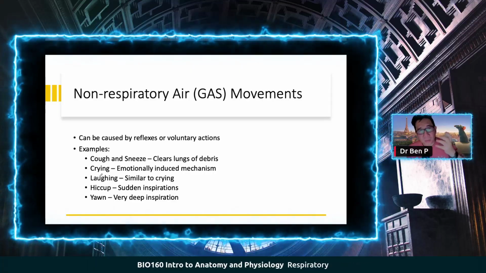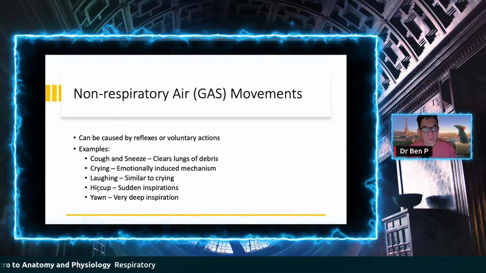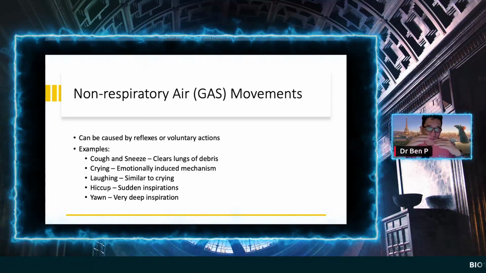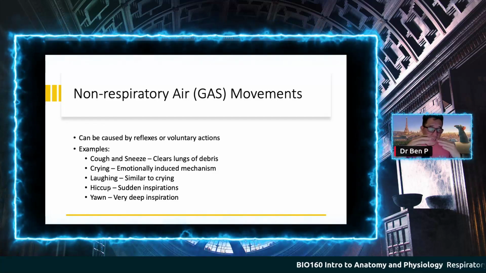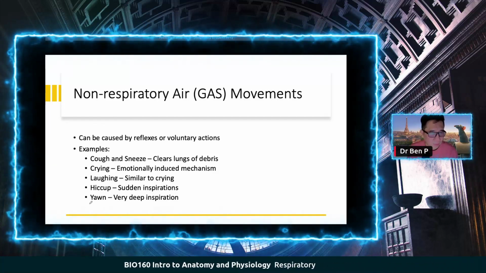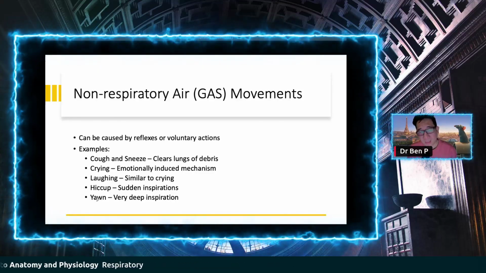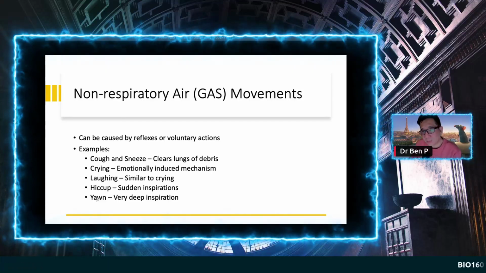You just pop out these little puffs of air. Hiccups are where you have a different rhythm between your lungs and your diaphragm. It doesn't sync up, so you have hiccups. And yawn, we still don't know a lot about yawns because it's part of your inspiration.